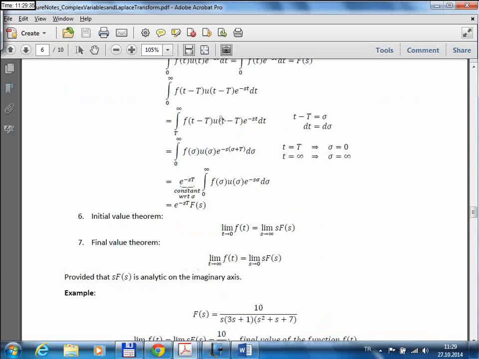When replacing t minus capital T with sigma, we get sigma plus capital T in the exponential here. This part can be taken outside, and we are left with this. Again, this is the integral for finding the transformation of the original function f of sigma times u of sigma, or f of t times u of t, which was capital F of s.